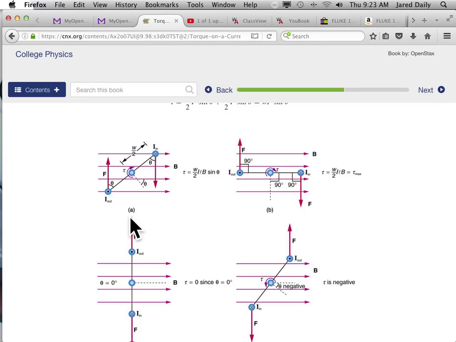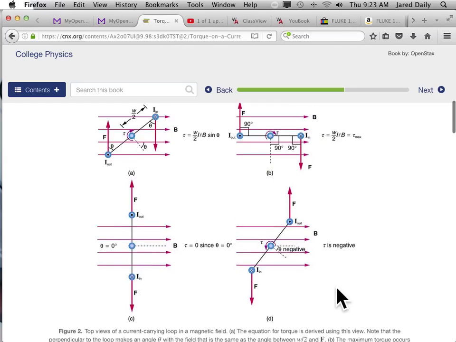And that's bad, because what that's going to do is lock it in place. So we've got a little bit of a problem here. We've got great forces that are pointing perpendicular to the loop or slightly off perpendicular, forces that are going to cause this loop to rotate one way or the other. And that's great. But right here, that's not so good. Because when the loop is perpendicular to the field, it's going to lock in place there.